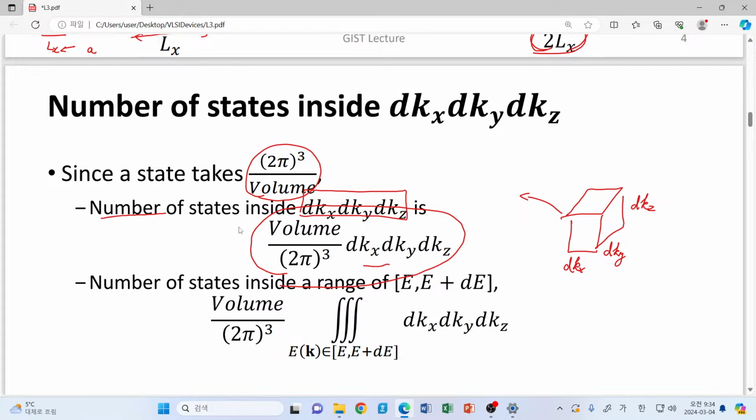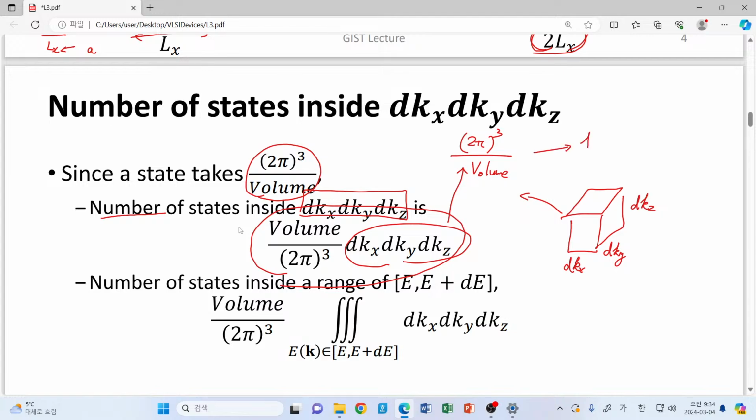If this volume corresponds to, for example, (2π)³ divided by our volume, then the product will give us exactly the number 1.